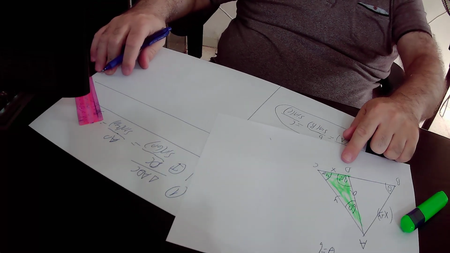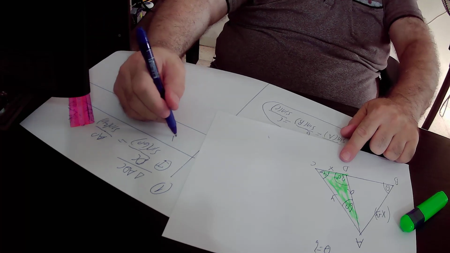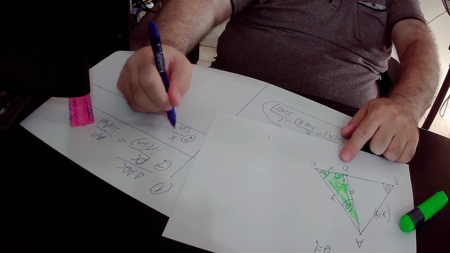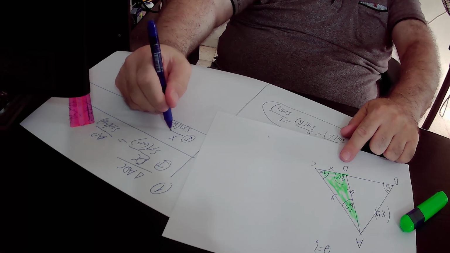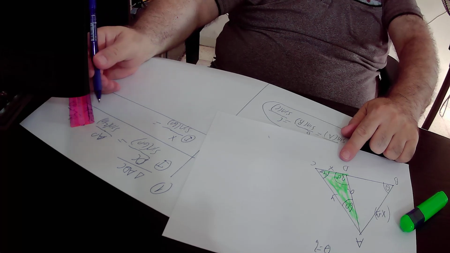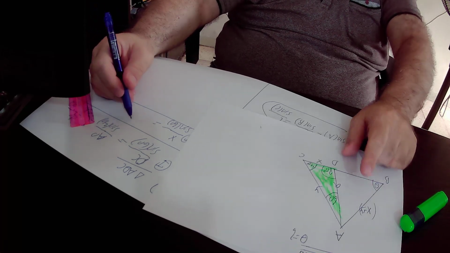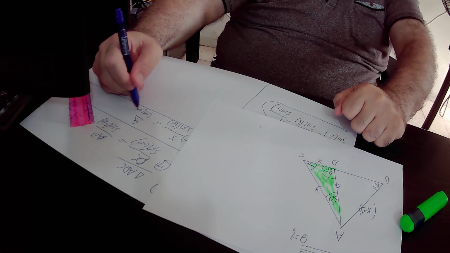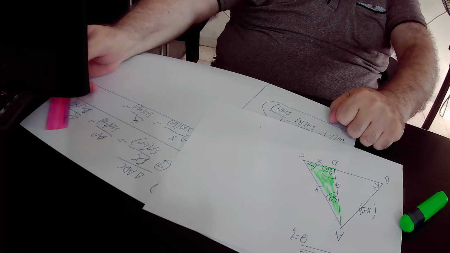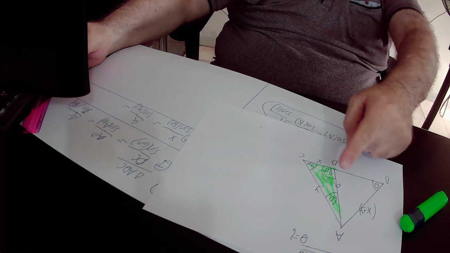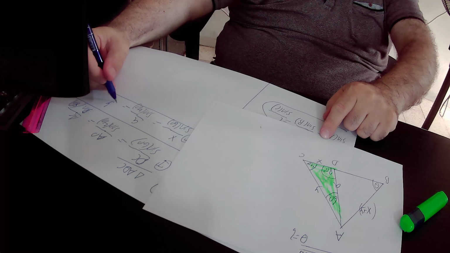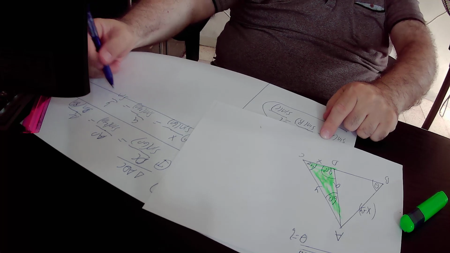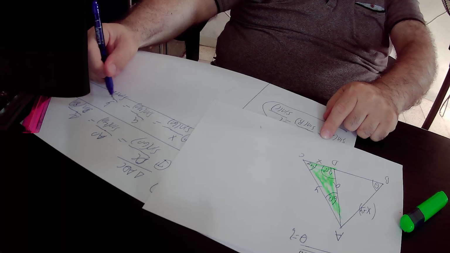Here DC equals x, so we substitute DC by x, and we get that according to equation number 1, x over sine 60 degrees equals AD, which equals A, so we substitute AD by A, and we get that A over sine 40 degrees is equal to AC, which equals y, so we substitute AC by y, and we get y over sine 80 degrees.